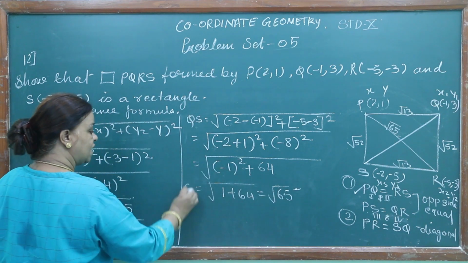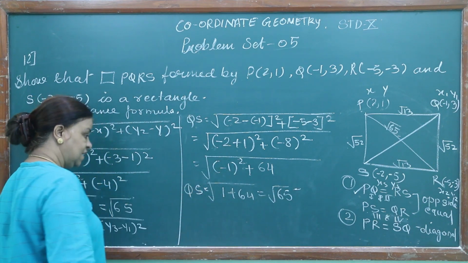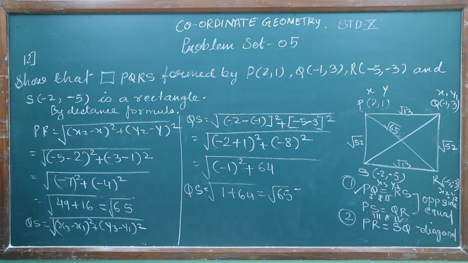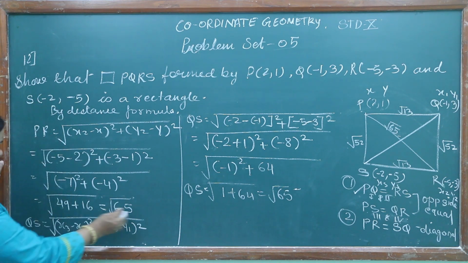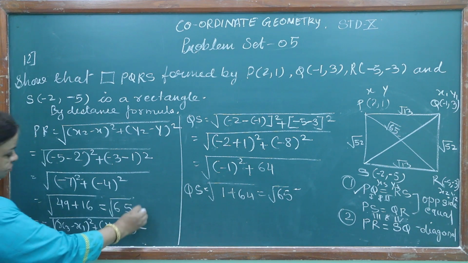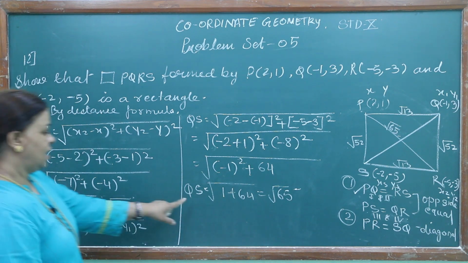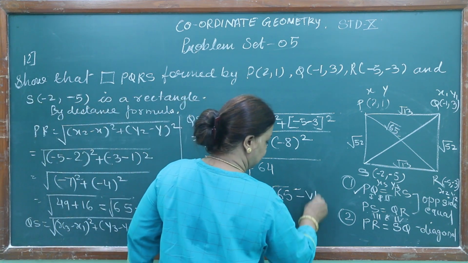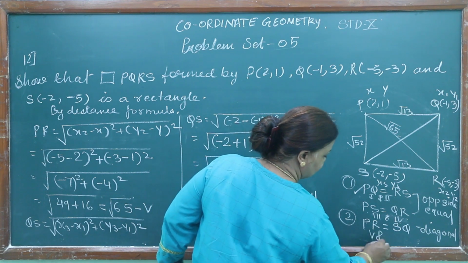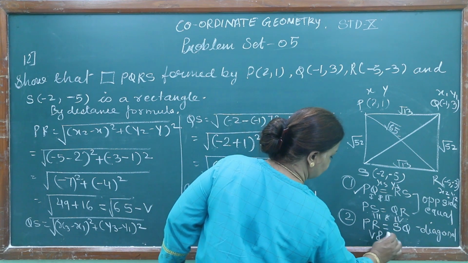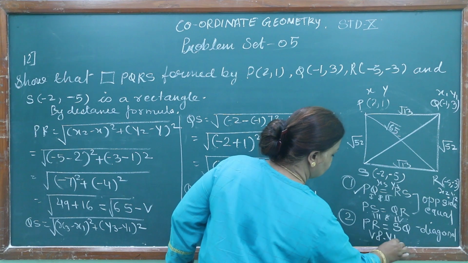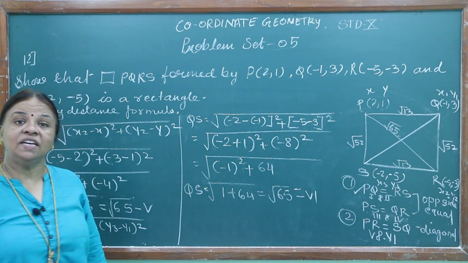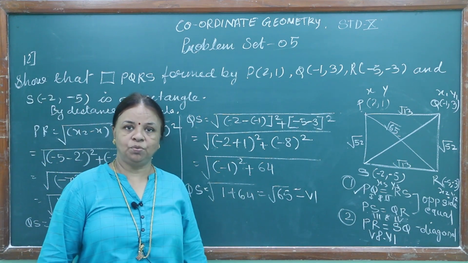So even QS, children, we got as 65. So here PR is the 5th statement and QS is the 6th statement. So from 5th and 6th we can say PR is equal to QS. Even diagonals are equal, we have proved now.